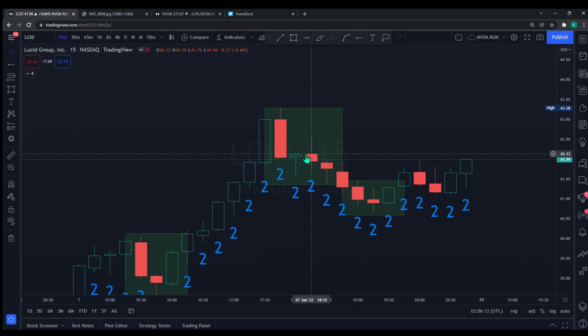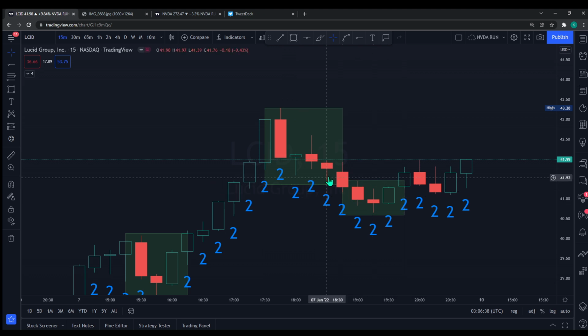Let's say you took short here, you can continue this little downtrend here, and you can take profits. So as soon as this candle breaks the high of your previous candle, this 2 candle, because this is now a 2-2 bullish reversal, and it completes, you can see on this candle, it completes the entire reversal, right?